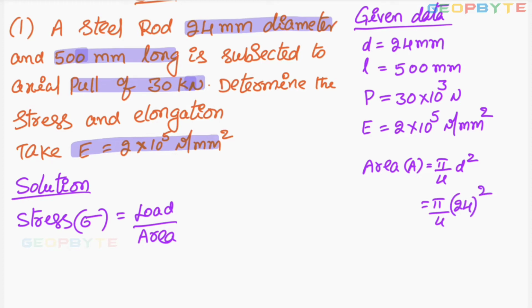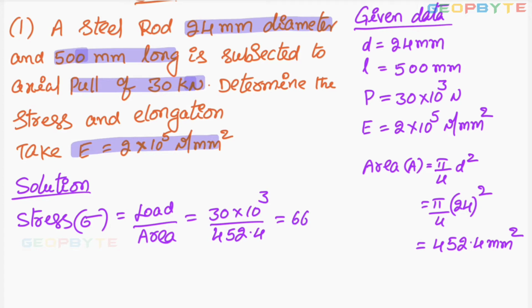Simplify this value for getting around 452.4 mm square. Now the stress is load, 30 into 10 raised to 3, divided by area 452.4. Simplify this value for getting around 66.31 Newton per mm square.